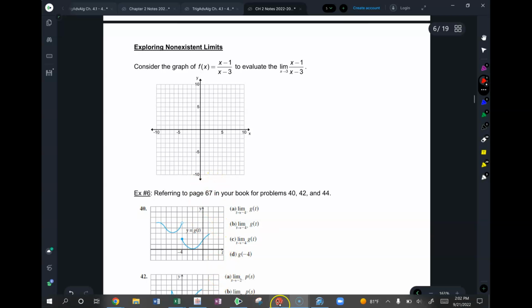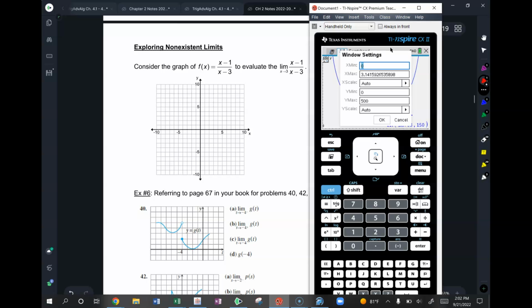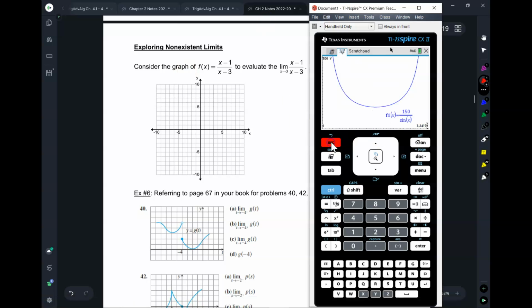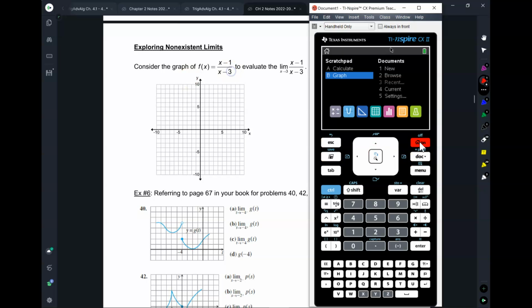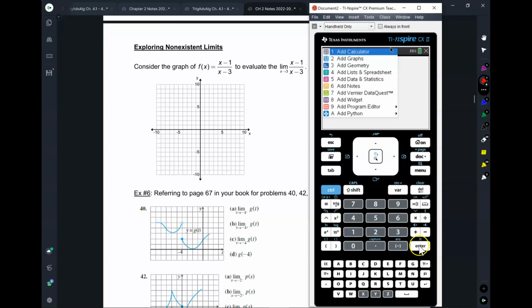Take a look at this one. We're going to graph x minus 1 over x minus 3. So let's take out your calculators, please. Am I still in degree mode?